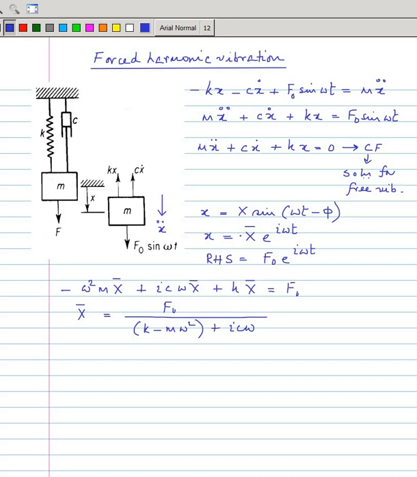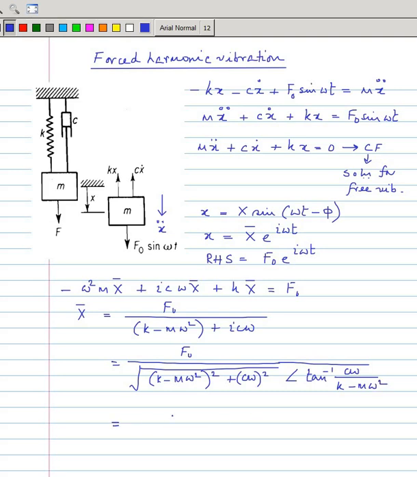That's why we have taken it as x bar, not as x. So now see, we can write this as F naught by the amplitude of the denominator, and the angle of the denominator is tan inverse of c omega by k minus m omega square.